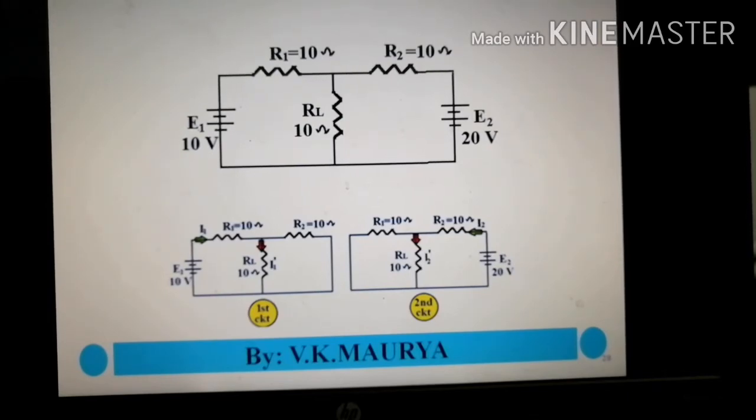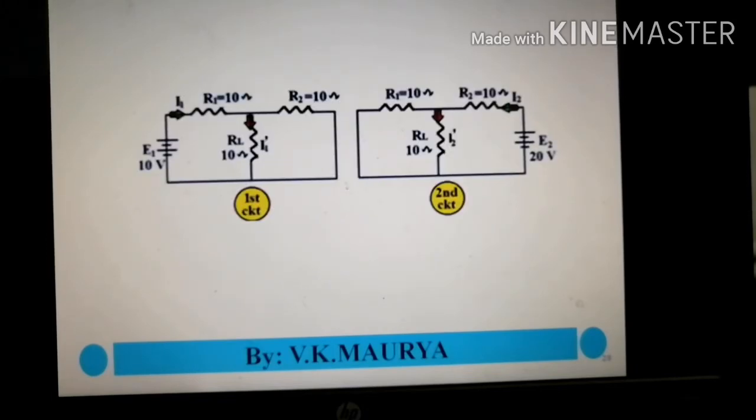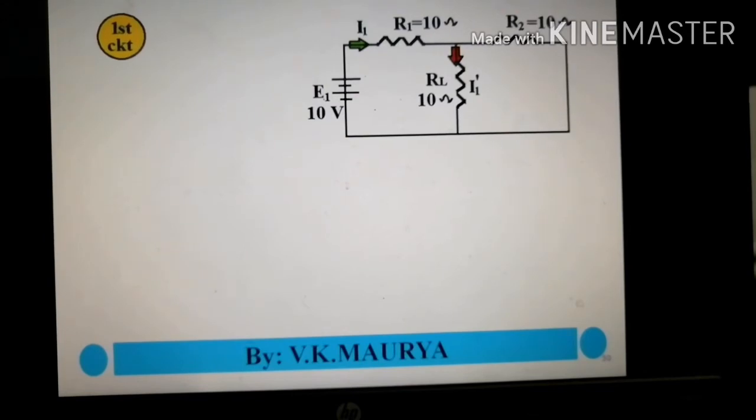I1 is the current given by the source E1, and I1 dash is the part of the current passing through RL by the source E1. In the same way, I2 is the current given by the source E2, and I2 dash is the part of the current passing through RL by the source E2. See it very carefully. Now I am going to discuss one by one.